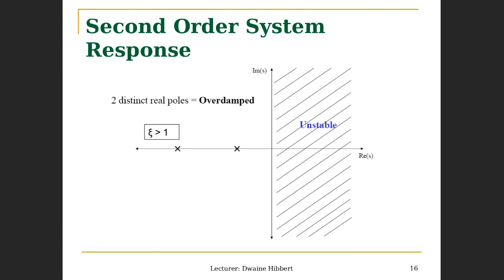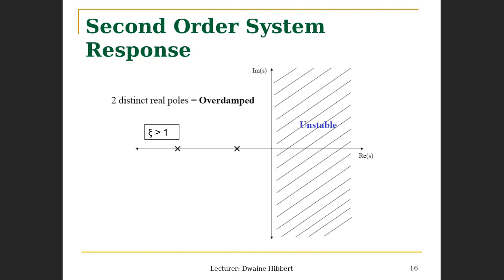So now let's continue with second order system response, and we're going to look at the different possibilities for system response using the poles. Remember now that the characteristic equation determines the behavior of the system, or to say it another way, the poles of the system, or the roots of the characteristic equation, are what determine the nature of our second order system response.